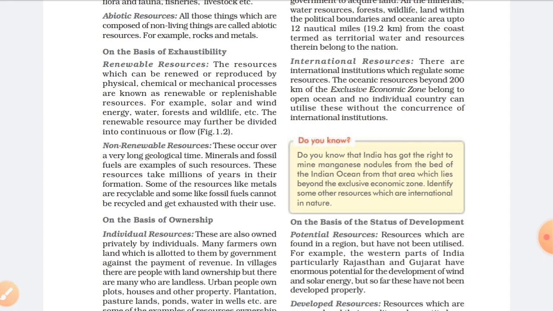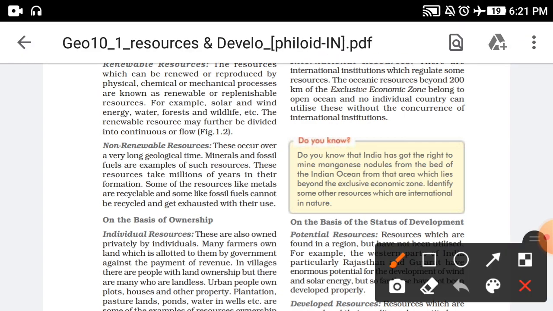Okay. Renewable resources are the resources which can be renewed or produced by physical, chemical or mechanical processes. By three things: physical, chemical or mechanical processes.